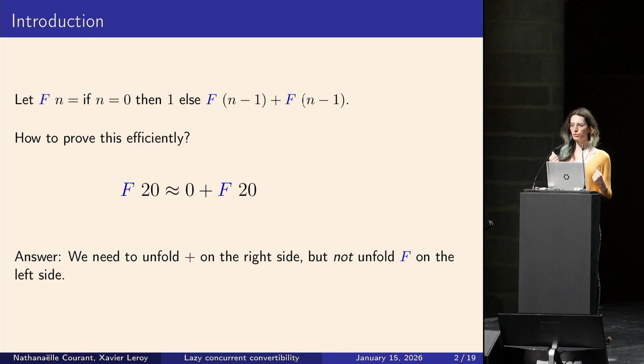However, if we want to prove that f of 20 is convertible with 0 plus f of 20, with the same head constants on both sides, but different arguments, here we need to unfold plus, and then we can obtain identical sides and prove convertibility. So it's very difficult to know which would be the good option without effectively trying it.